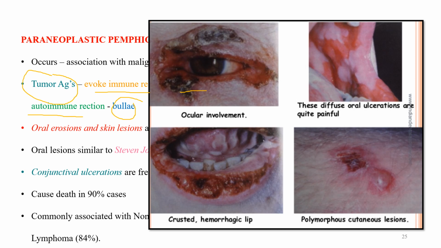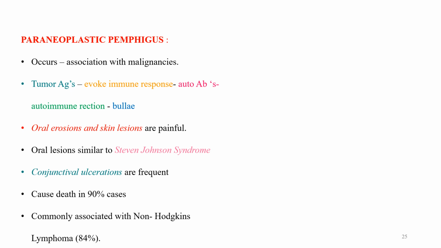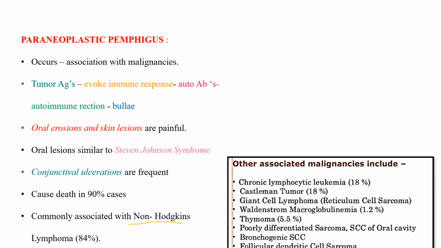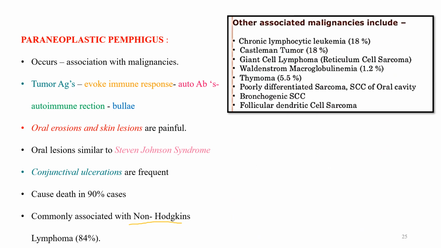So mucous membranes like the oral cavity as well as the eyes are affected. In the eyes, it results in the production of conjunctival ulcers, and in the oral cavity, the lesions are similar to Stevens-Johnson syndrome. The mortality rate of paraneoplastic pemphigus is very high, almost up to 90% of cases show death. The commonly associated malignancy is non-Hodgkin's lymphoma, whereas it might also be associated with other malignancies which are shown in this table.